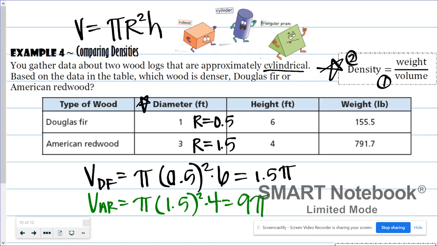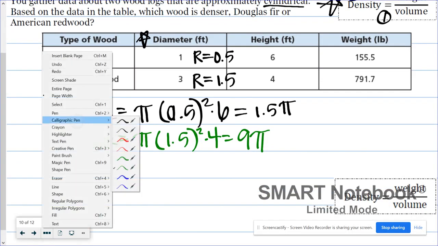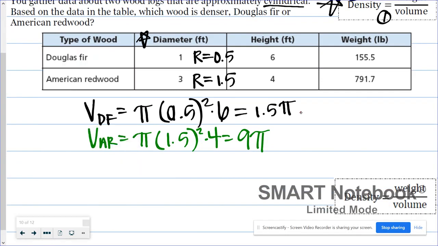To get their corresponding densities, I need to go weight divided by volume. So the Douglas fir has a weight of 155.5, and I'm going to divide that by 1.5 pi. And so I ultimately get 33. The weight is in pounds and the volume is in cubic feet.